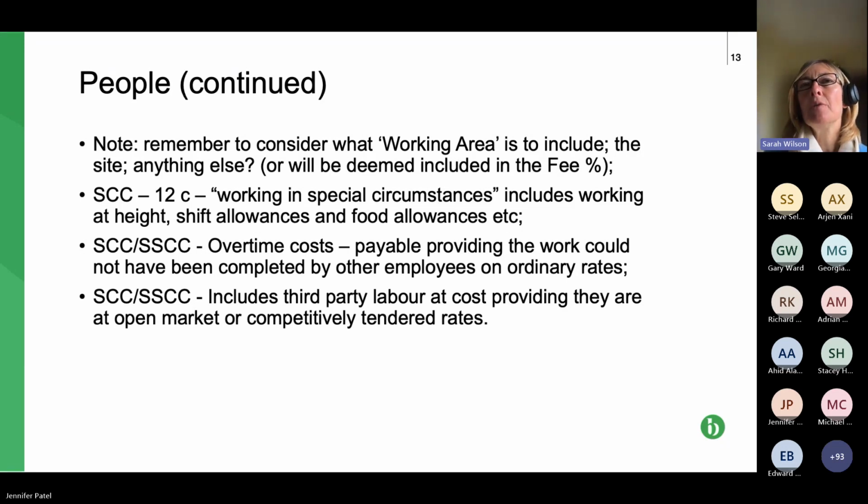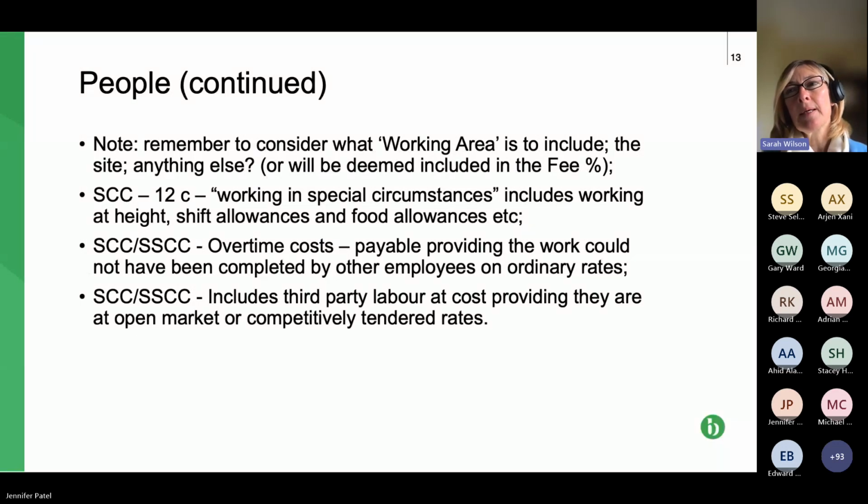So remember to think about what you want that working area to cover. Is it just the site? Is it slightly wider than that? Because if people are working in an adjacent area, that will need to be covered, or possibly wider. And obviously, I go back to the fee percentage point that we've already seen.